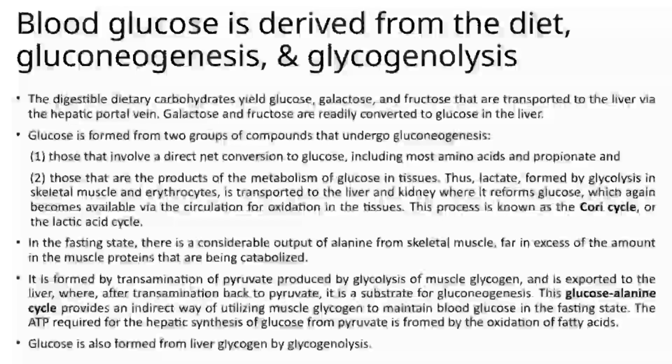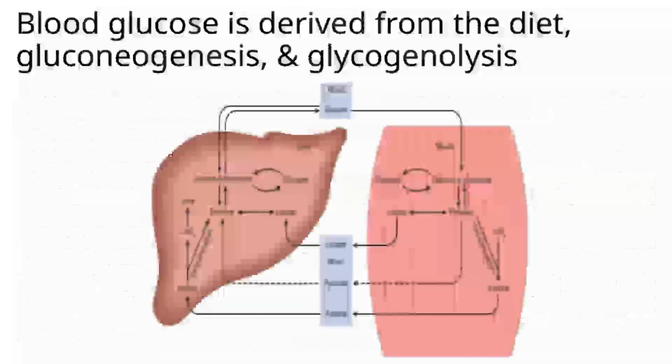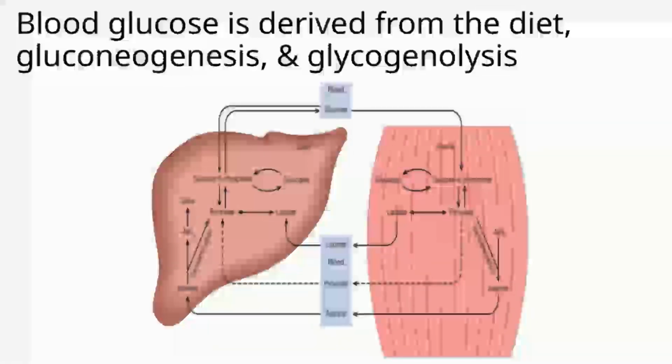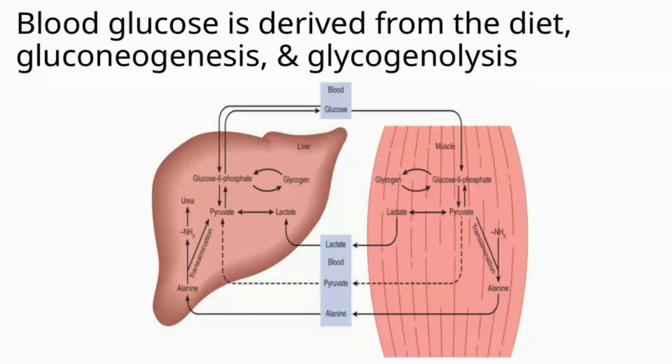Blood glucose, which is our main source of energy, actually comes from a few different sources. The primary one is the food we eat, especially carbohydrates, which are broken down into glucose. But our body also has mechanisms to produce glucose internally when needed. One of these is gluconeogenesis, which is the process of creating glucose from non-carbohydrate sources like amino acids and glycerol.